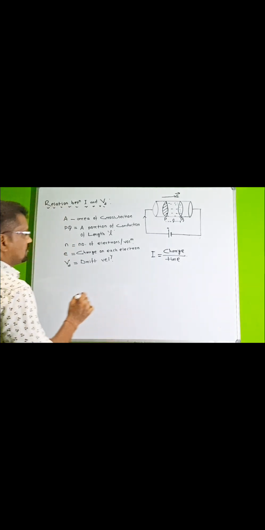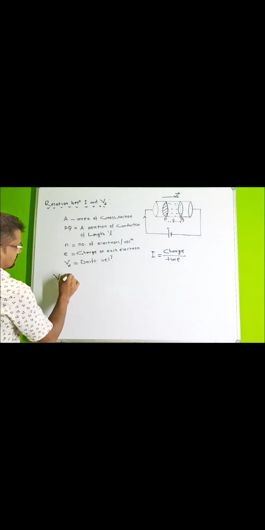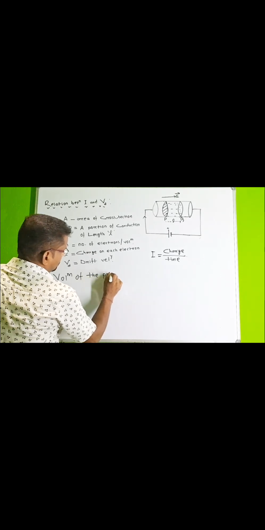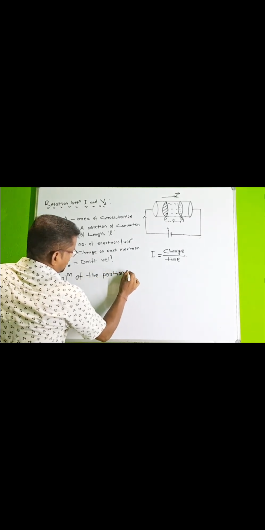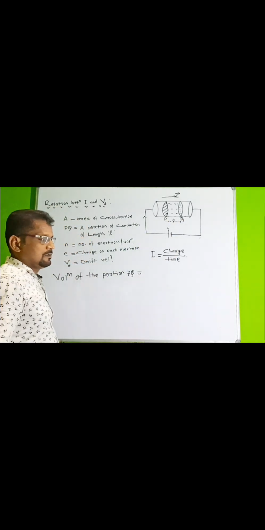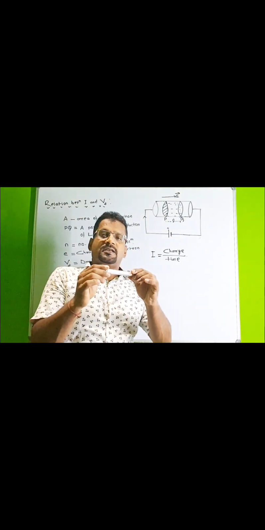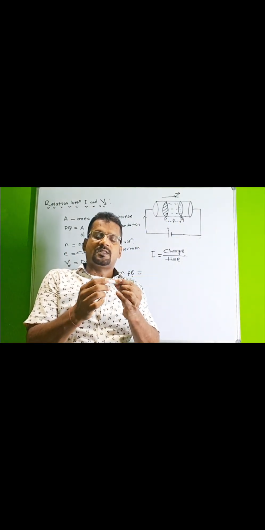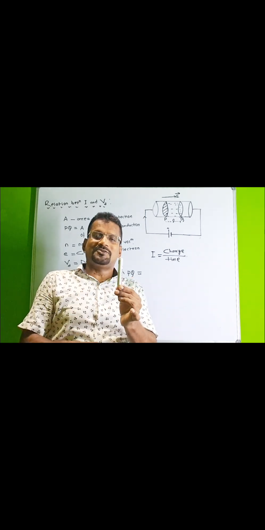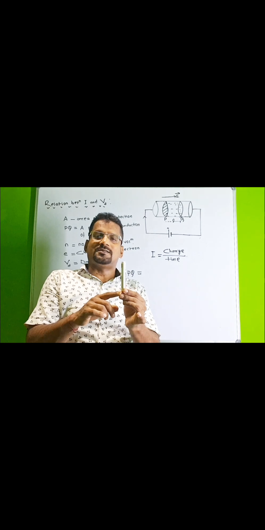Let us do this. First of all, the volume of the portion PQ, that means the volume of this part. Say this is a cylindrical part. This length is L, and if I keep it this way, you will say this is the height h.